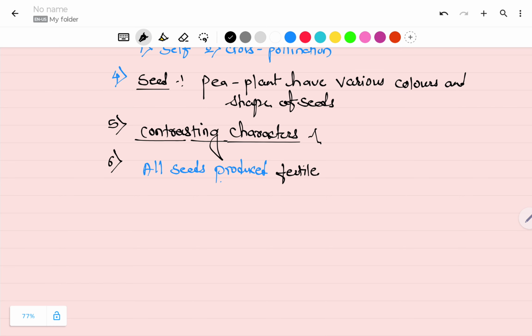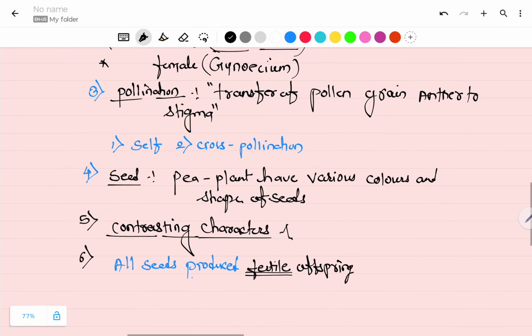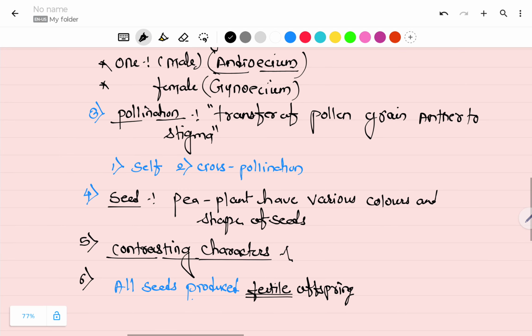What is the meaning of fertile offspring? They are able to reproduce. So these are the six reasons for selection of the pea plant. That's why Mendel selected the pea plant for his study.